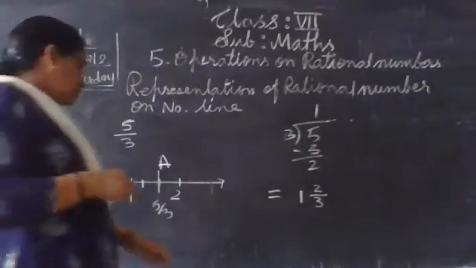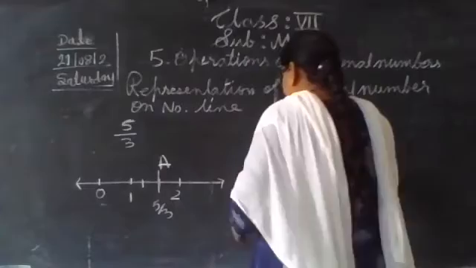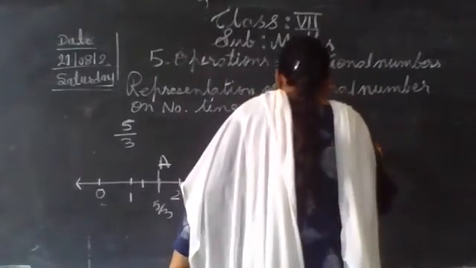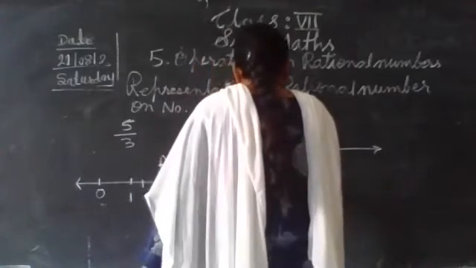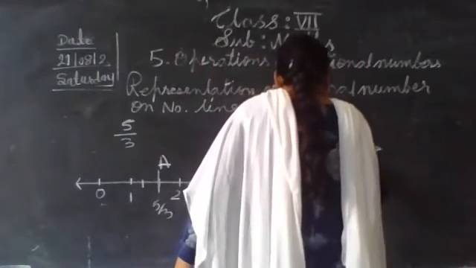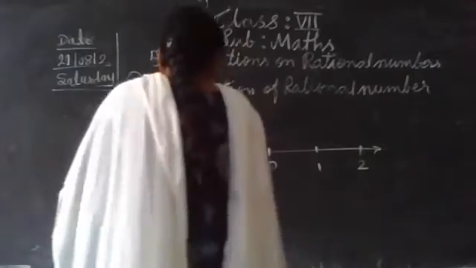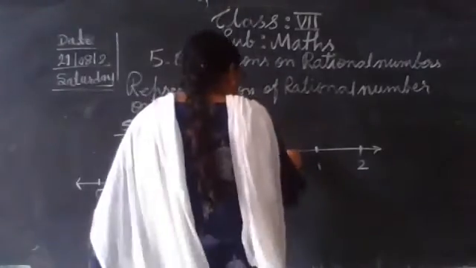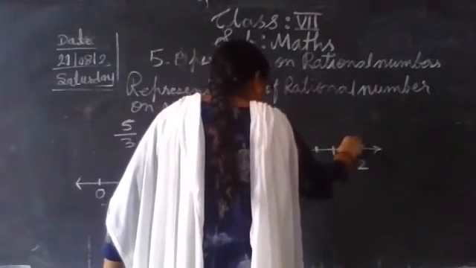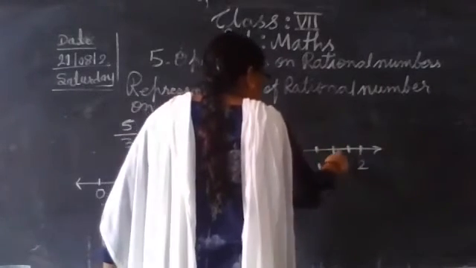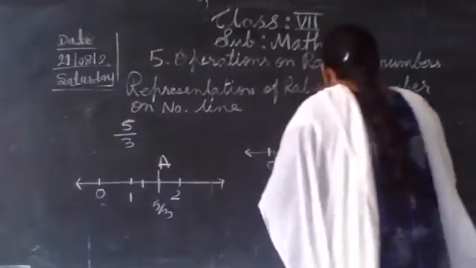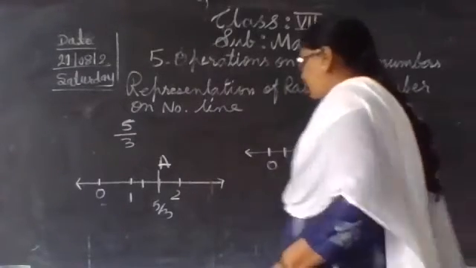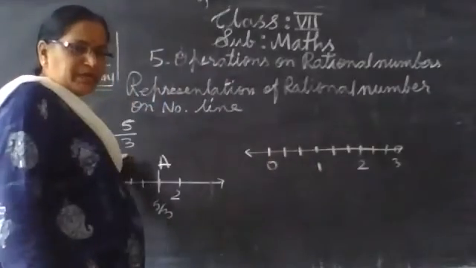Or one more thing you can do. Zero, 1, 2. Okay. Make 3 equal parts. See, 1, 2, 3, 1, 2, 3. So you have to make total equal parts. What is the meaning of denominator?